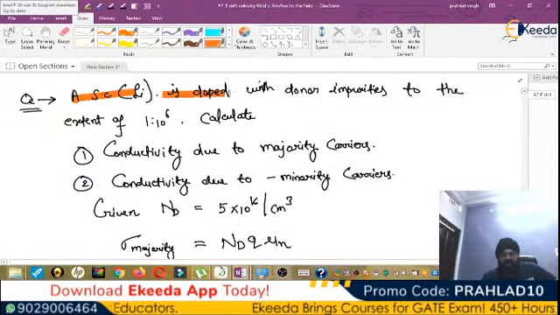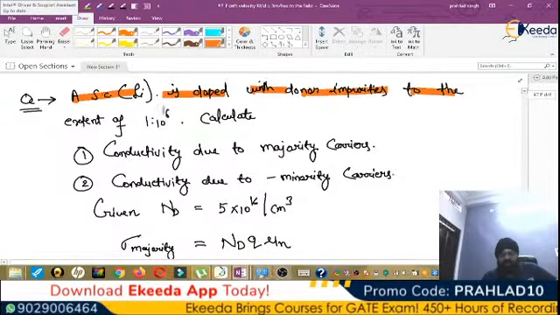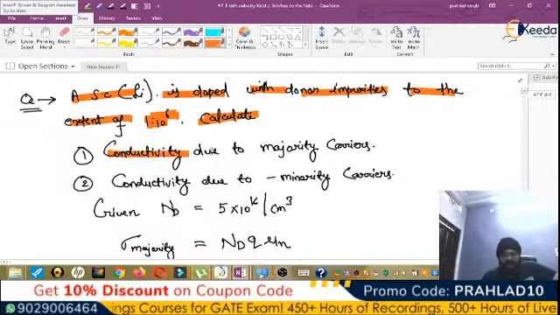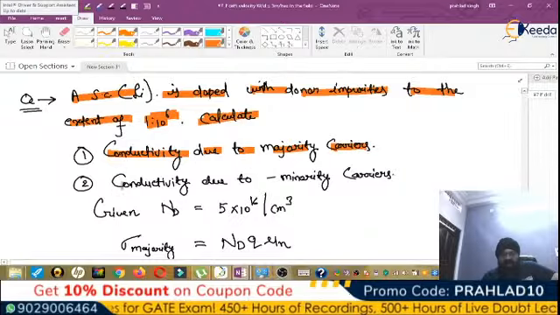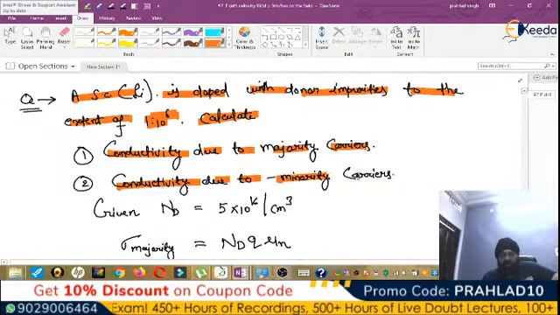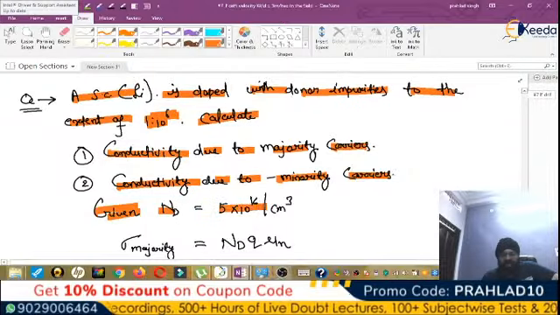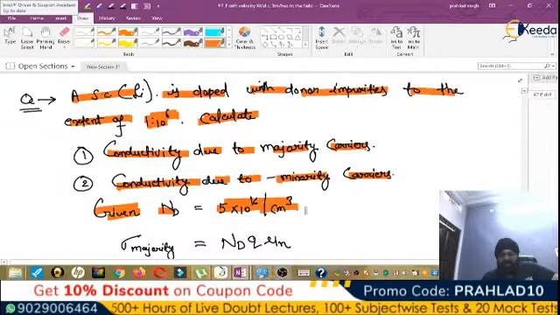A semiconductor, which is silicon, is doped with donor impurities to the extent of 1 in 10 to the power 6. Then calculate the conductivity due to majority carriers and the conductivity due to minority carriers. Given Nd is 5 into 10 raised to power 16 per centimeter cube.